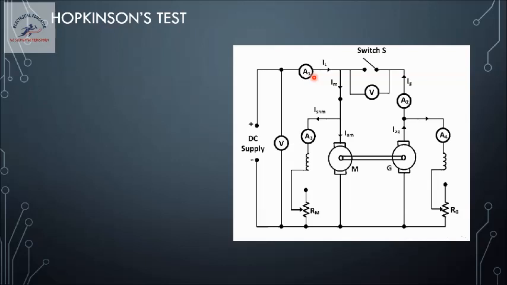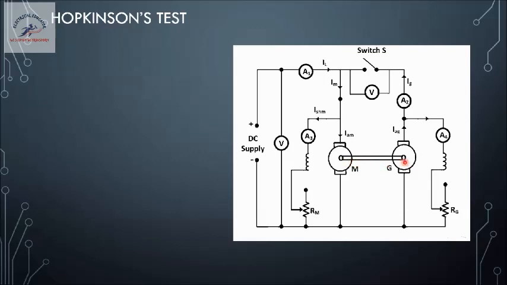Now, if this is a self powered machine and we switch off the supply, what happens? Let us discuss this after looking at the mathematical approach of this Hopkinson test. For the time being, we have connected both machines electrically as well as mechanically. The generator is supplying the motor electrically, and the motor is giving mechanical energy to the generator to rotate.